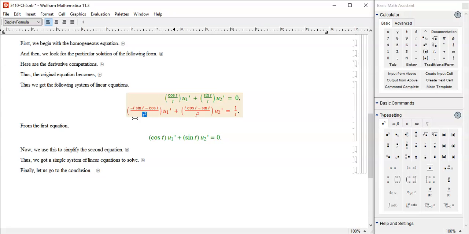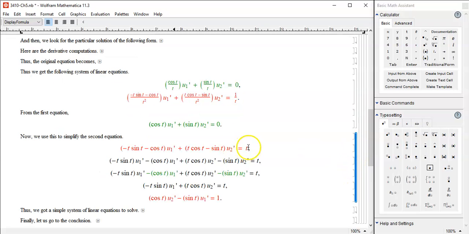Remove all the denominators by multiplying by t squared, and multiply t squared there. t squared times 1 over t, I'm going to get equal to t. So we have green and red in a little bit more simplified form. But let's work on it a little bit further. Break up all the parentheses.